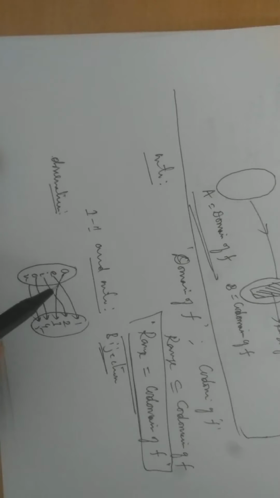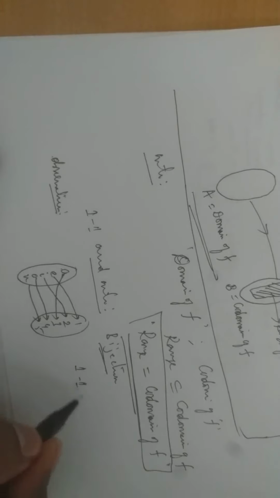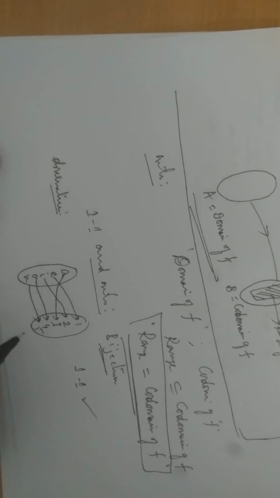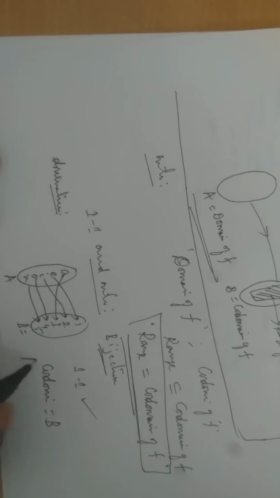Is it 1-1 first of all? Each element is mapped to only one element, so it is 1-1. Whether it is onto, what is the codomain? Codomain is this set B and this is the set A. Codomain is B. What is the range?